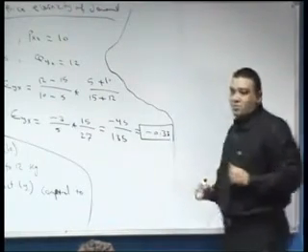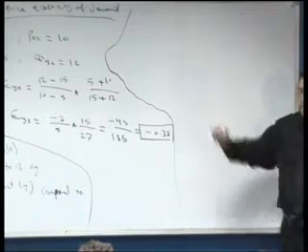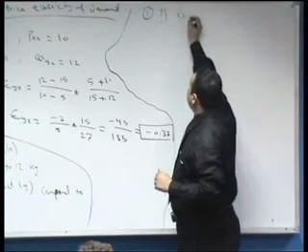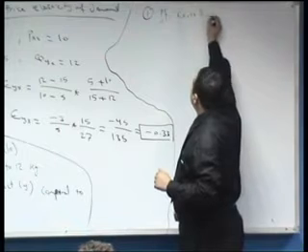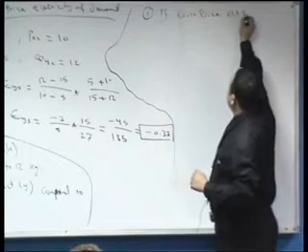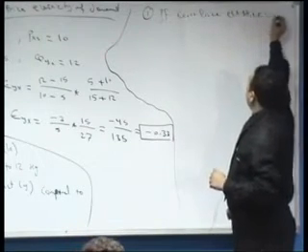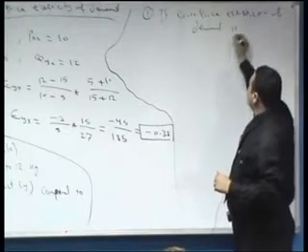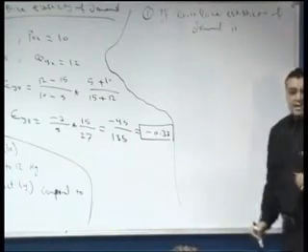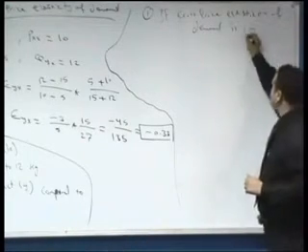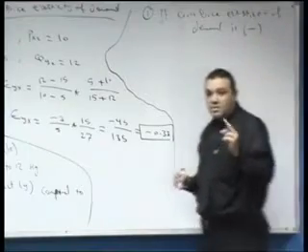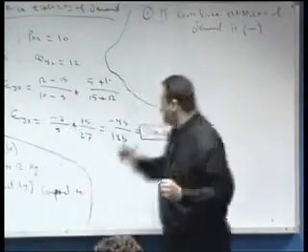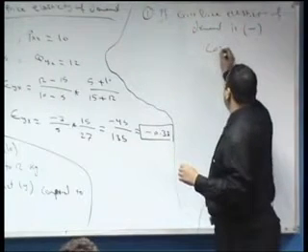So let's write the conclusions. Number one, if the cross price elasticity of demand is negative, these two goods or products are what? Complement.